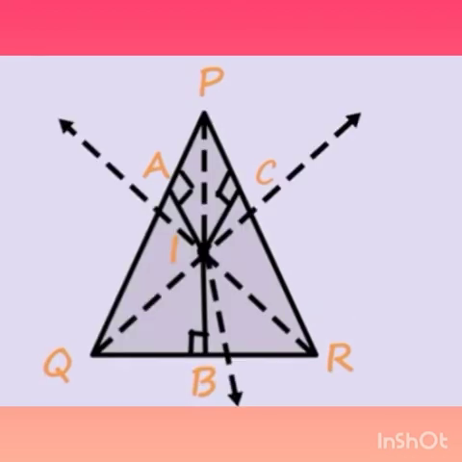Name the point of concurrence I. Note that the point of concurrence of the angle bisectors of the triangle is in the interior of the triangle. Draw perpendiculars IA, IB and IC from I to the sides of the triangle PQ, QR and PR respectively. So write here IA is equal to IB is equal to IC.